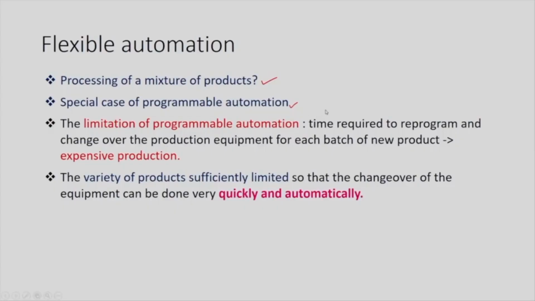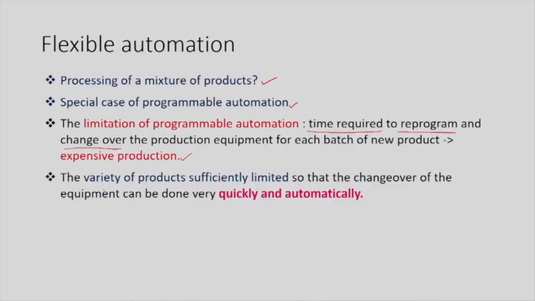We have seen that in programmable automation considerable time is being spent for reprogramming and changeover. This time is unproductive, it is lost to the enterprise or the factory. So, that makes production expensive. For that purpose we can have an automated system which will try to minimize this time as well.